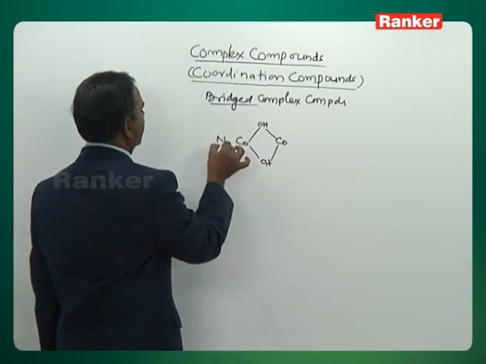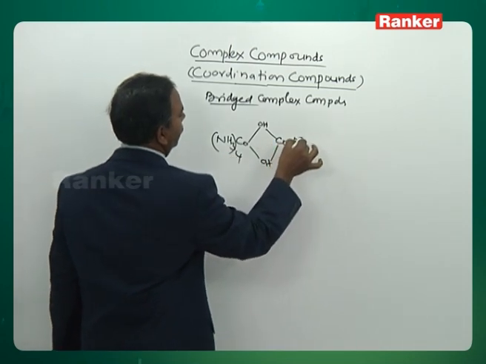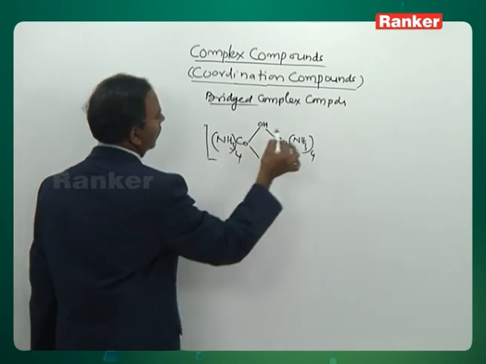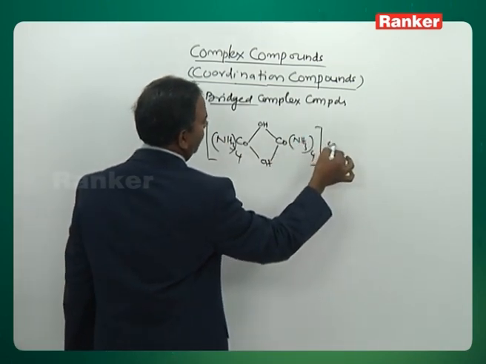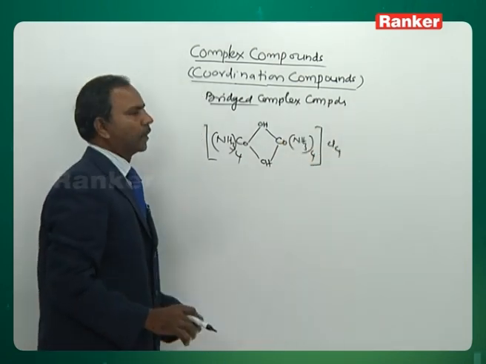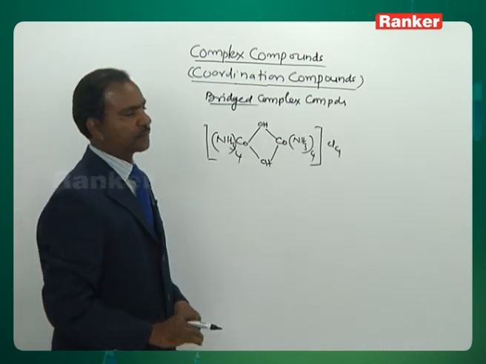Let me write amines, taken 4 times. Let me say it is Cl4. How to know this particular complex? It carries 2 metal atoms bridged by hydroxy groups.